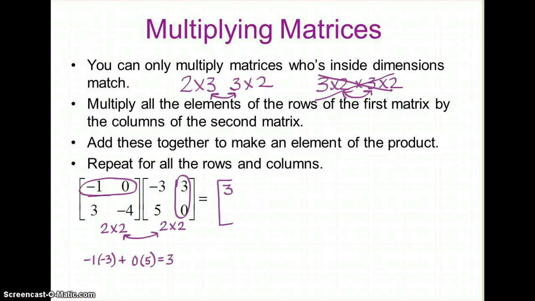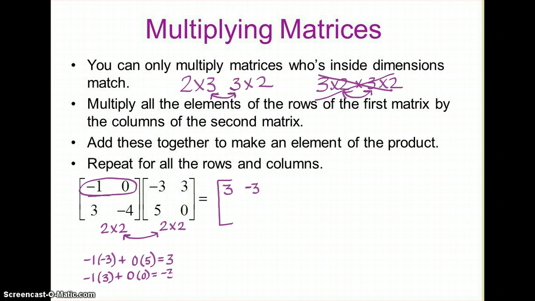So again, first element, -1 times 3 this time, plus the second elements, 0 times 0. -1 times 3 is -3, and 0 is still 0, so this one ends up being -3. So in row 1, column 2 of my product goes -3. Now I have finished both of my columns with row 1.